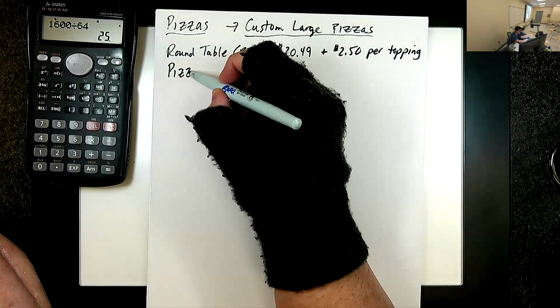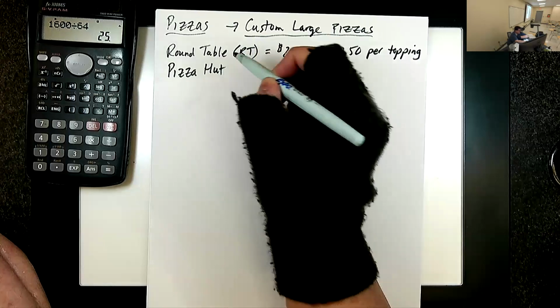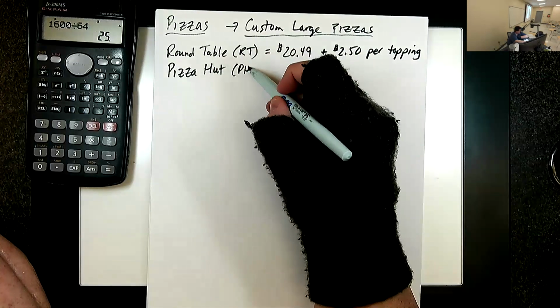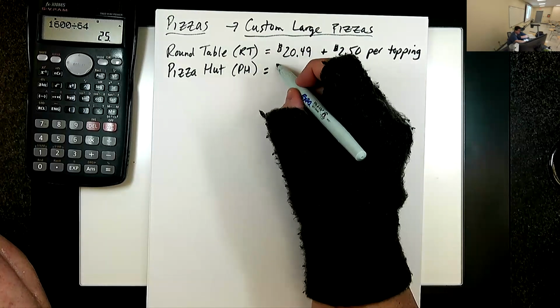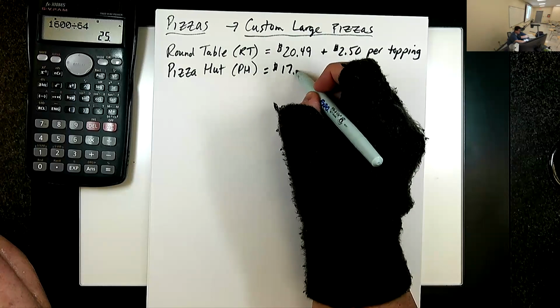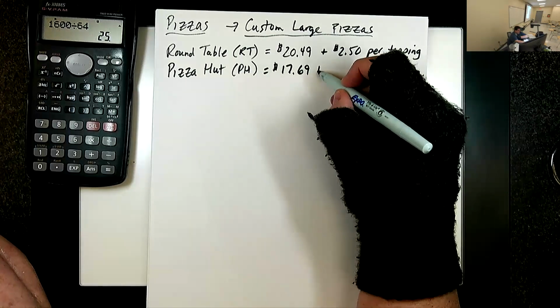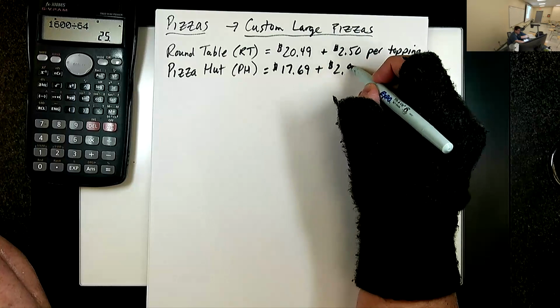At Pizza Hut, we'll call it PH, this was $17.69 plus $2.90 a topping.